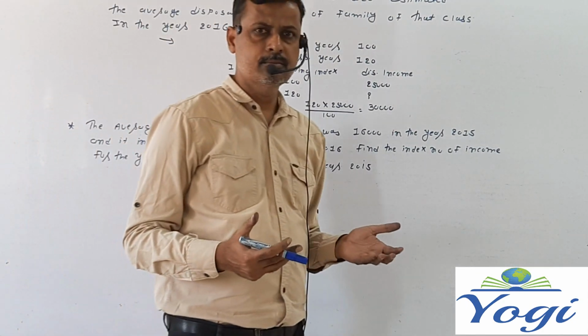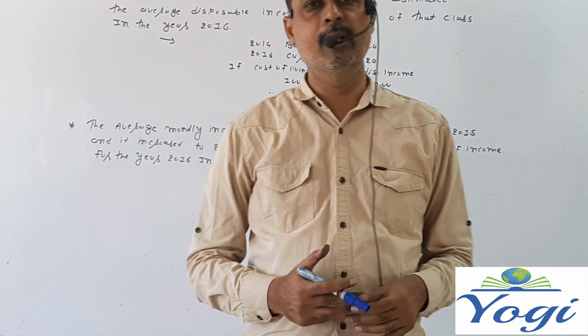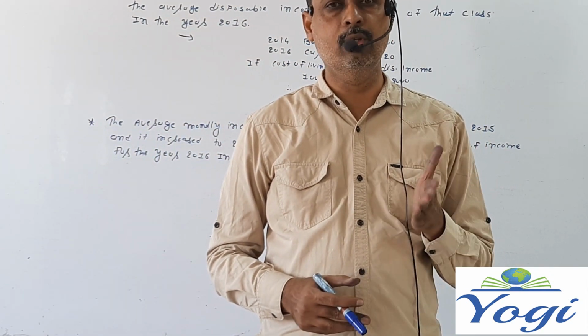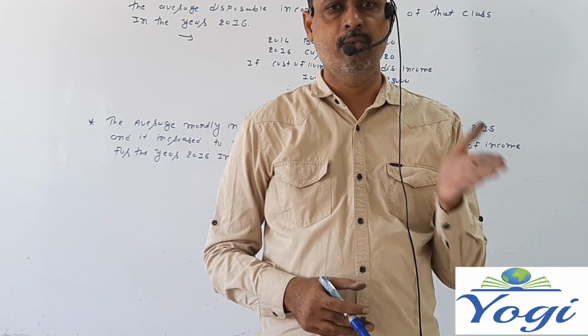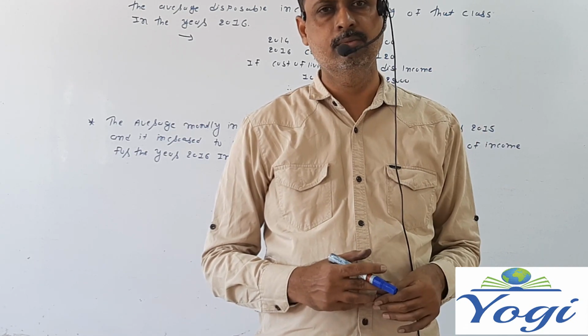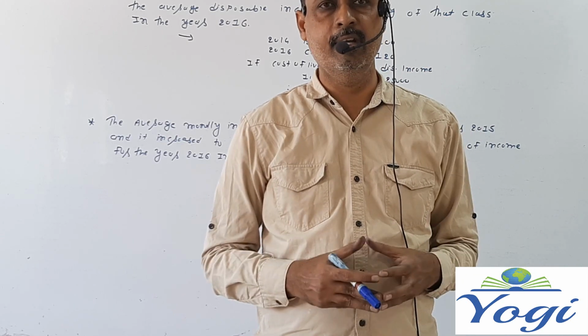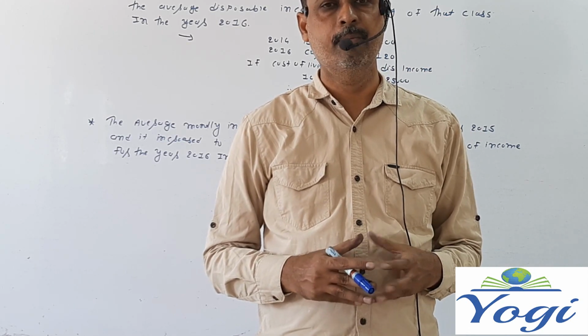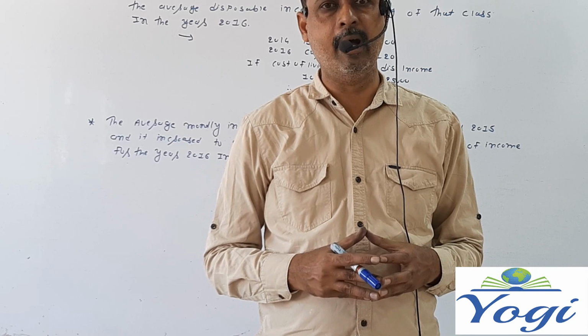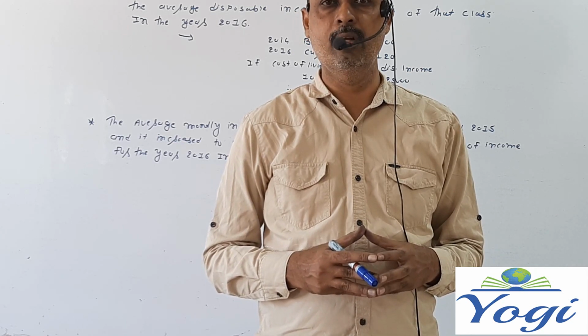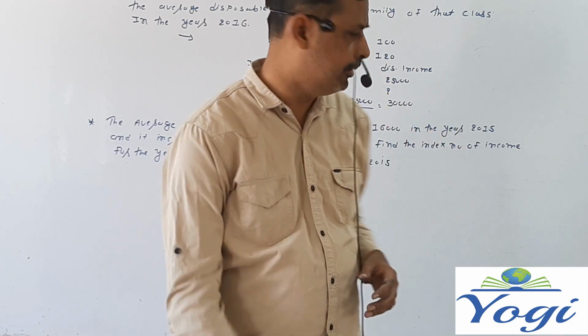So here two years' income is given. 2015 income we take as P0. 2016 income is current year income, we take as P1. Then we will apply the formula I is equal to P1 upon P0 into 100.